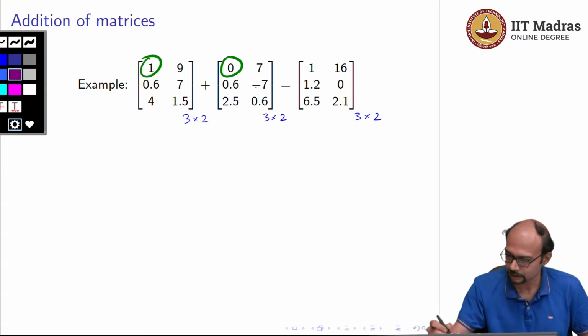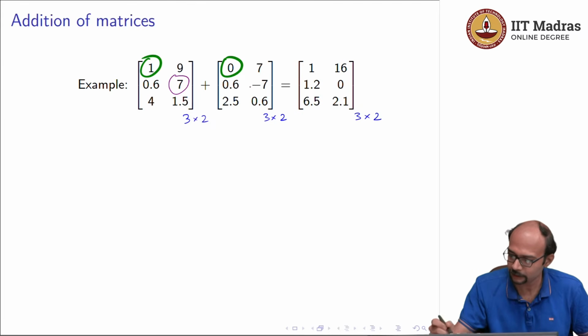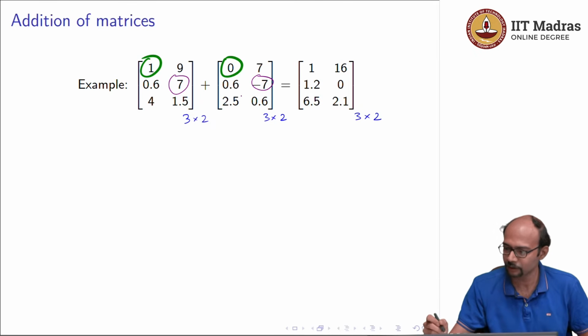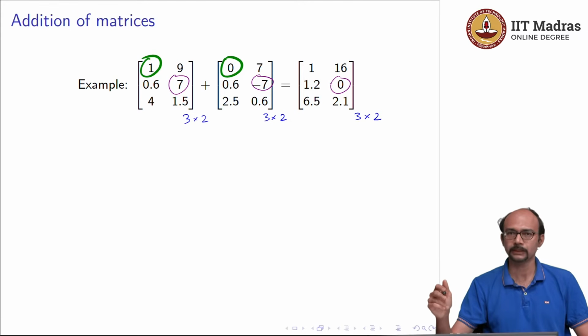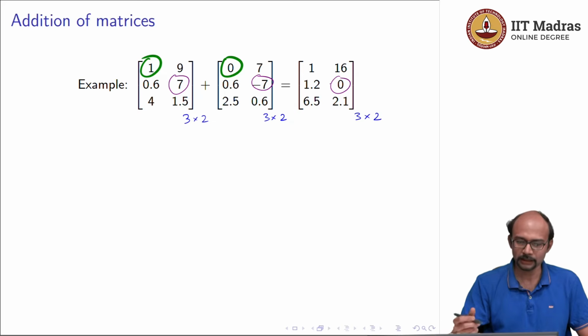Maybe let's look at the 2/2th entry. We have a 7, and over here we have a -7. We add these, and here we get a 0. So you add corresponding entries. I hope this is clear.